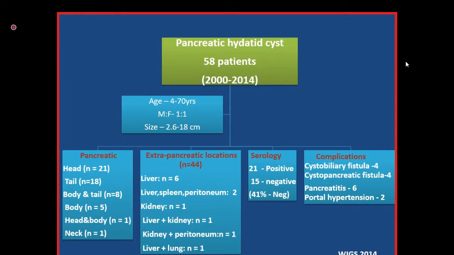Pancreatic hydatid, even though it's rare, this is one of the large case series where they mentioned 58 patients of varying age groups. The pancreatic head region is the most common site involved, and simultaneously extrapancreatic locations were involved in a few cases, like liver, kidney, and lungs. On serology, you can notice surprisingly only 41% of cases were positive, and around 15% were negative.